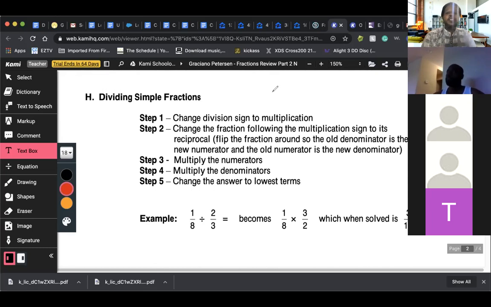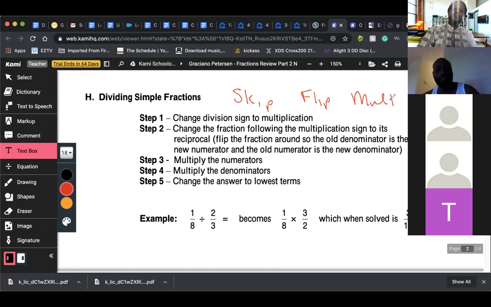So what I normally say to you to help you remember, but it might not work for everybody, my rule is always skip, flip, and multiply, right? That's what I've said before, skip, flip, multiply. So you skip the first fraction, you flip the second fraction, and you multiply them together, right? Skip the first fraction, flip the second fraction, multiply them together.